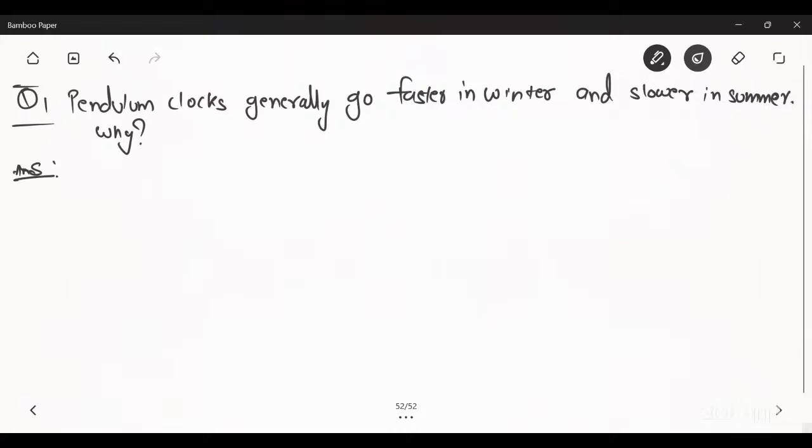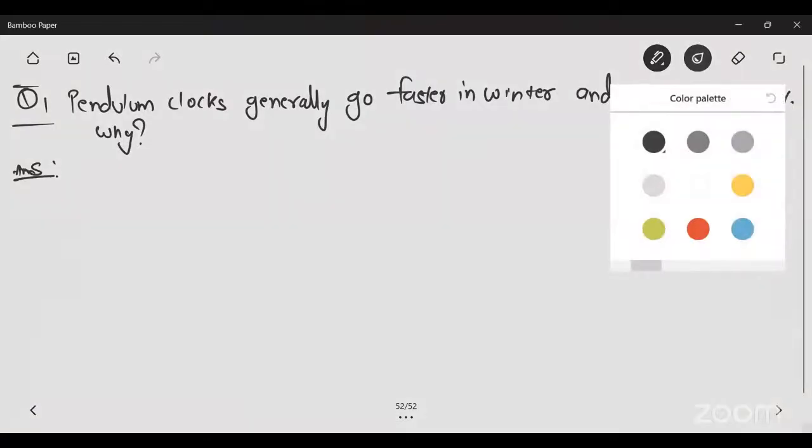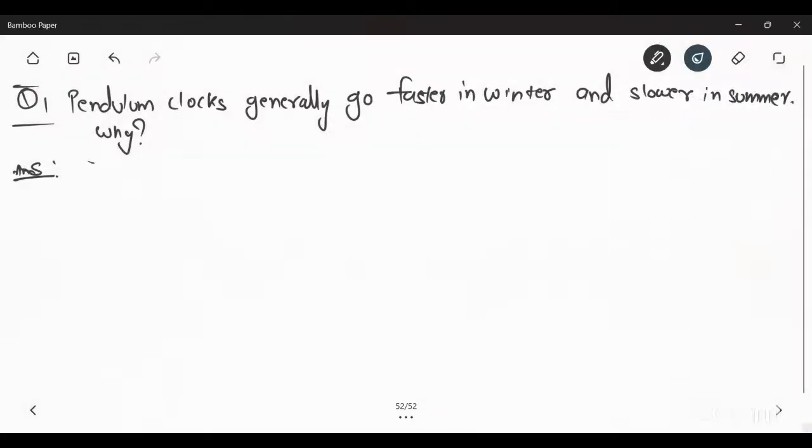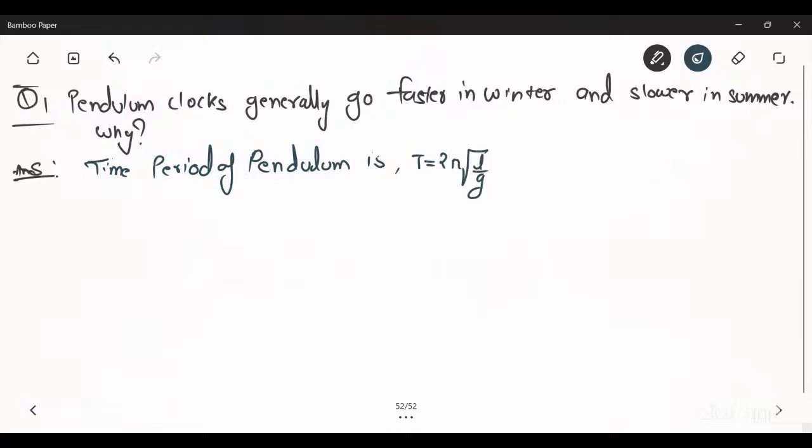We know that the time period of a pendulum is T equal to 2 pi under root L upon g.